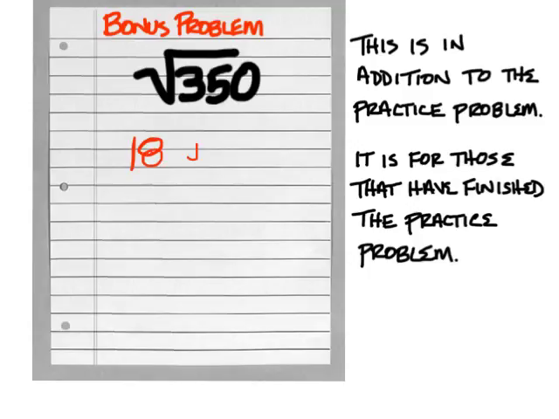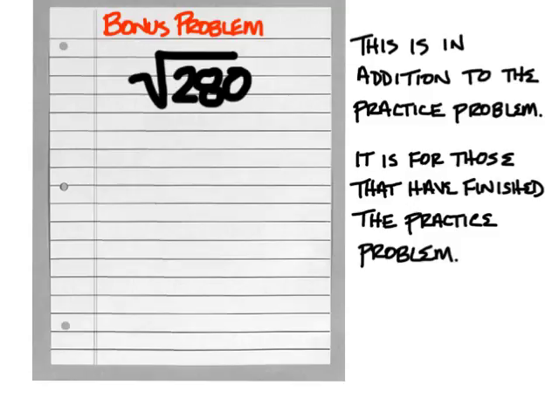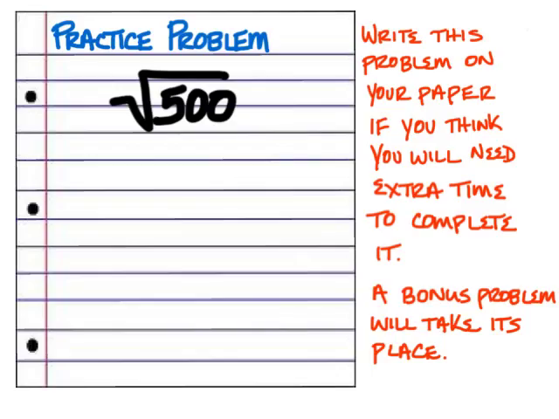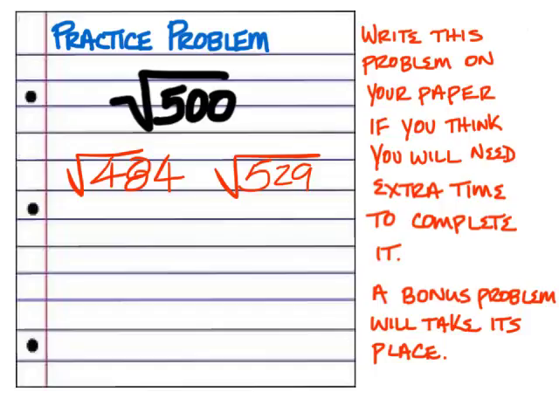It should be 18 and 19. Everybody had that one at 16 and 17. And for the practice problem, this one should be 484 and 529. The square root of each will give me 22 and 23.